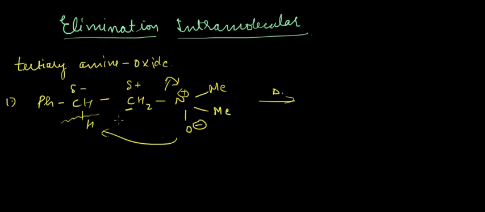So this is the transition state. Obviously what will happen is this will go here, this will come here, and the bond will come between the two neighboring carbon atoms. So we will have something like this, plus Me2NOH would be formed.